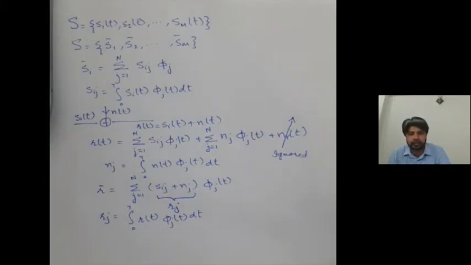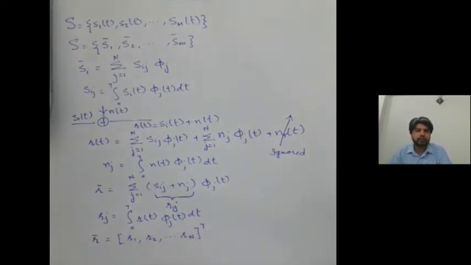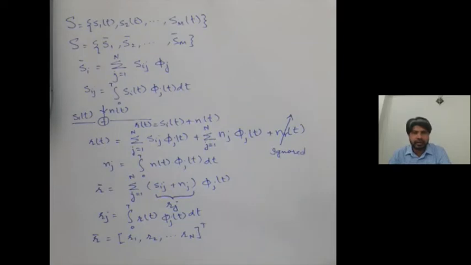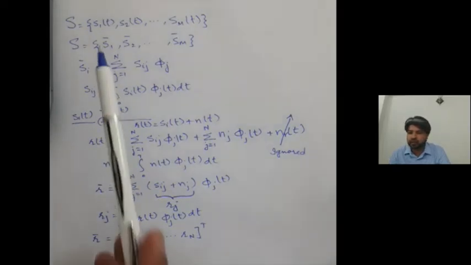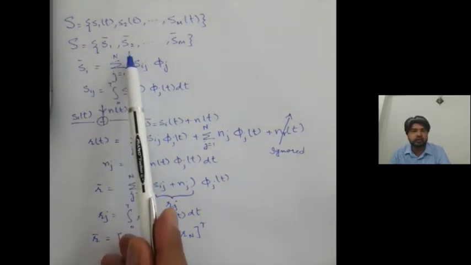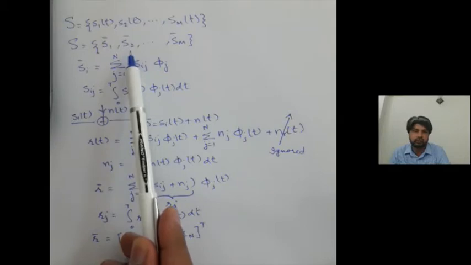and hence your received signal can also be represented as an n-dimensional vector. So you can call this r to be equal to r1, r2, up to r capital N, transpose. This would be an n-dimensional vector like these vectors s1, s2, all of these vectors are n-dimensional vectors comprising the projection of these signals onto the basis function phi j.